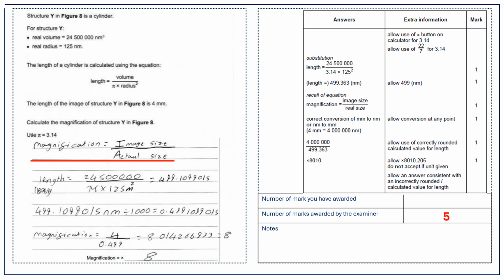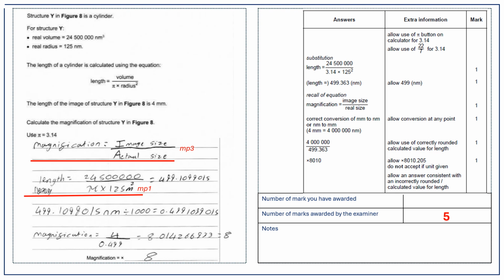The first marking point that was awarded was for recalling the equation, so the student gets marking point 3 immediately. The student then substitutes their numbers from the question into that equation, and that therefore gets them marking point 1 as well. Marking point 2 is for having the correct answer to that equation.